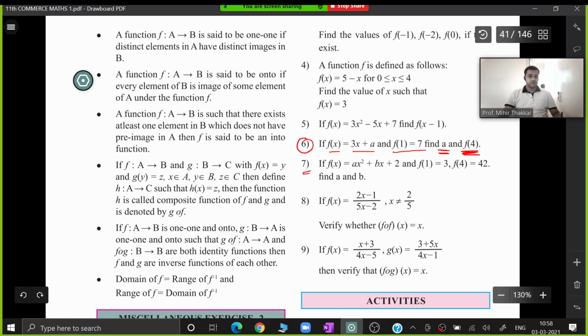Question number 7 over here, it's a similar question. The only difference is that there are two unknown values, a and b, so we need to calculate both of them, with the help of two values, f of 1 and f of 4. So let us see what we can do over here. Fx is equal to ax square plus bx plus 2.